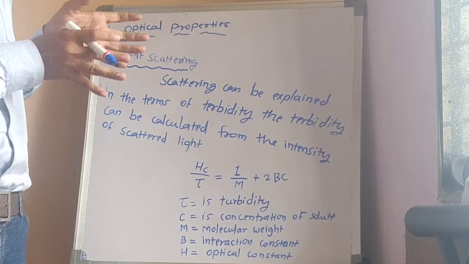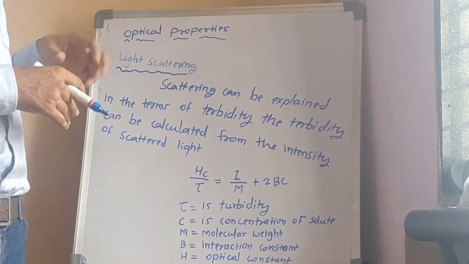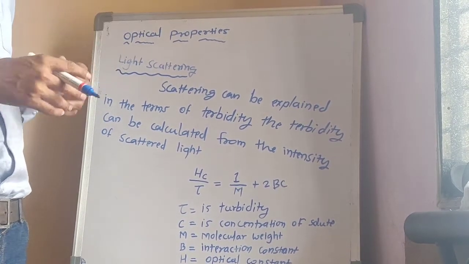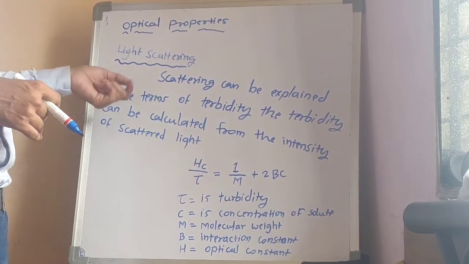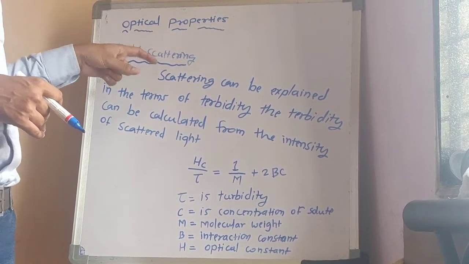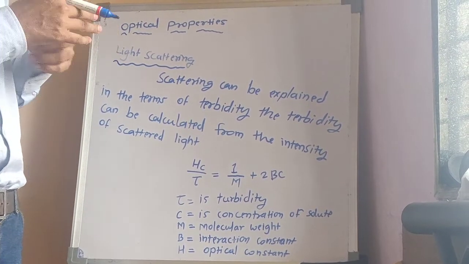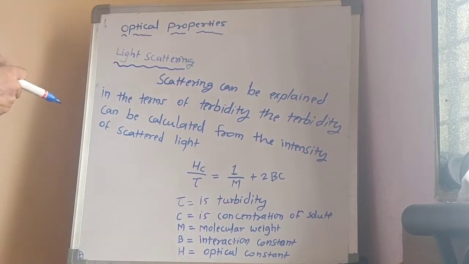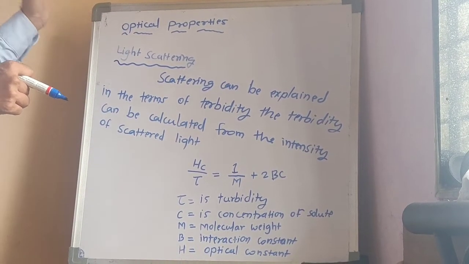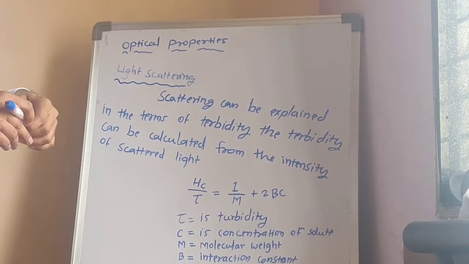Because of the turbidity, the light gets scattered. The intensity of that scattering of light is measured with that equation. So light scattering is an optical property of colloidal dispersion. So pause the video and take the screenshot.